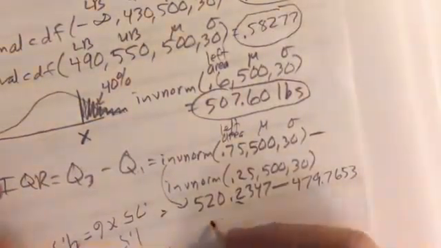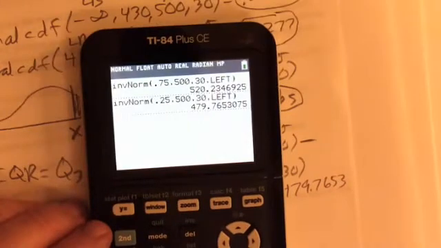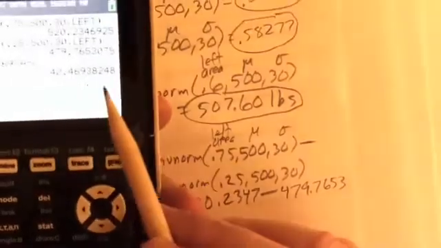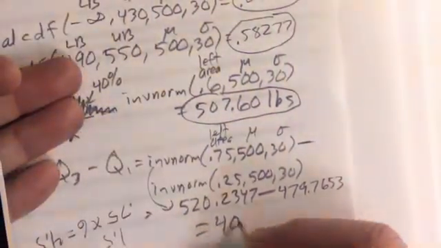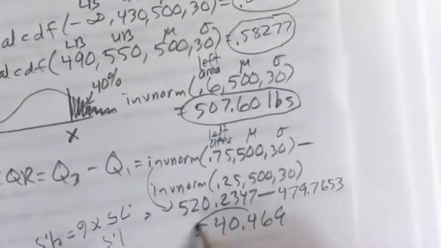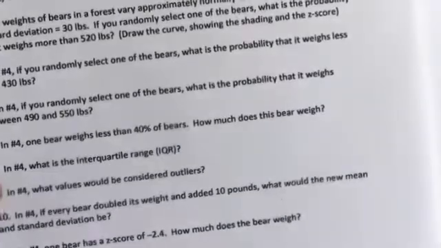And then when you subtract those two guys, so let's subtract those two guys. So I'll say 520.23469 minus the answer. And so that gives me 40.469. So 40.469 about. That's my IQR. And so thus that is the answer to number 8.